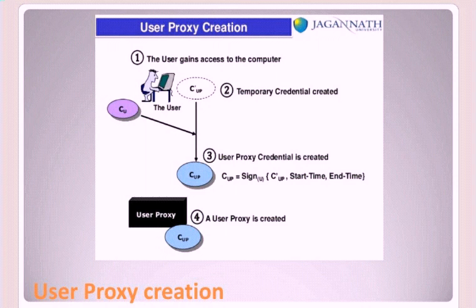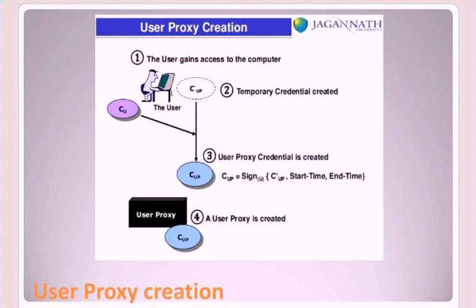The proxy credential will contain a new certificate with a new public key and a new private key. It also contains the owner's identity, modified slightly to indicate that it is a proxy. It also contains the starting and ending time notations.